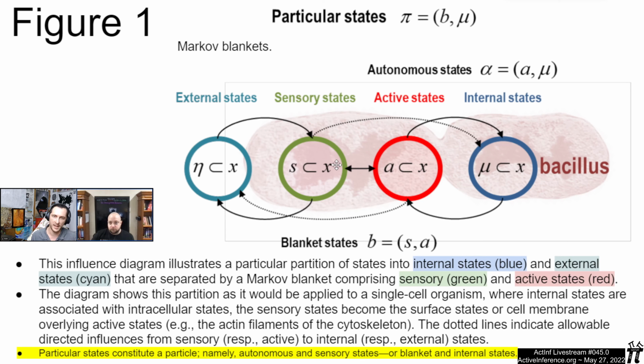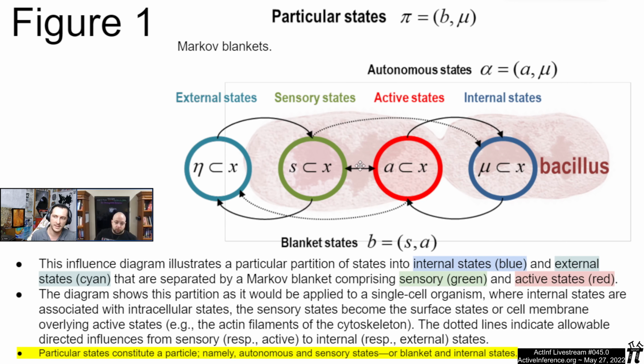And that's more aligned with the Pearl 1988 formulation of the Markov blanket or boundary, where it was an undirected blanket. And Friston and others have developed this notion of a two-way partitioning.